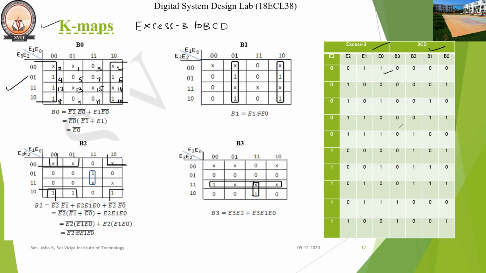Let us now consider the XS3 number 0011. For this, the BCD value is 0. Substitute that here as 0.